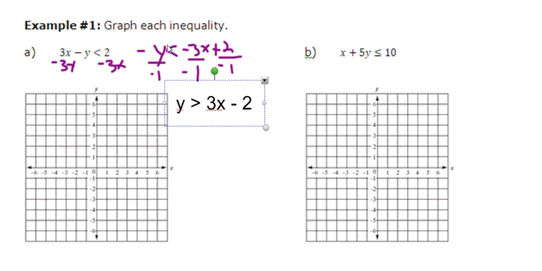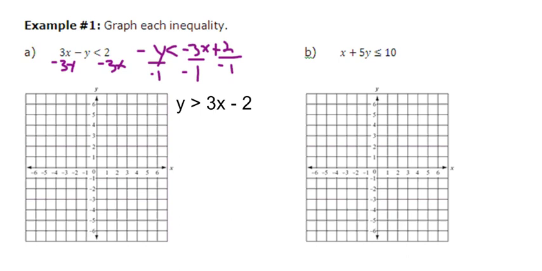Remember, with inequalities, anytime you multiply or divide by a negative number, your inequality sign flips. That's why it went from less than to greater than. Negative 3 divided by negative 1 makes positive 3, and 2 divided by negative 1 makes a negative 2.